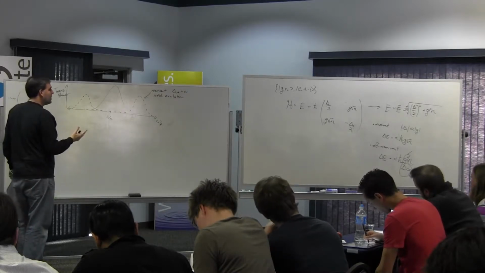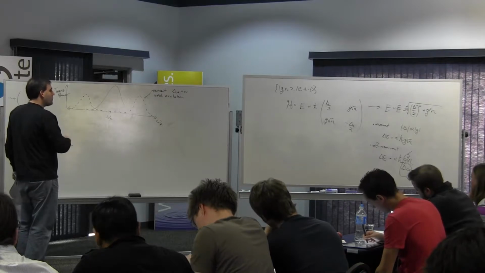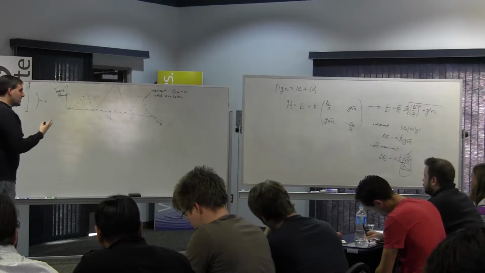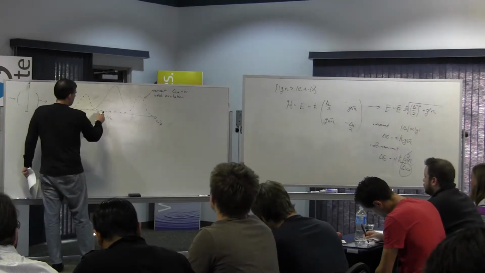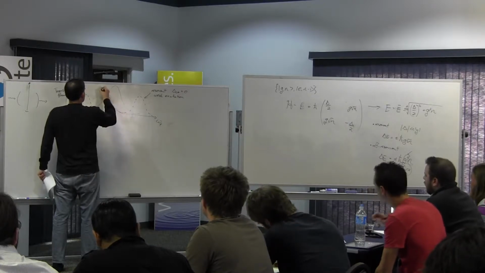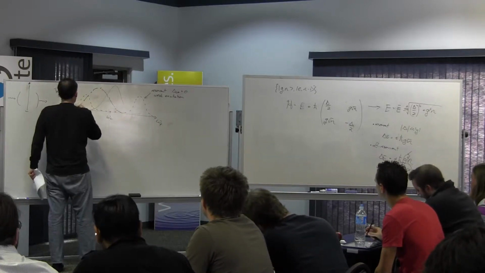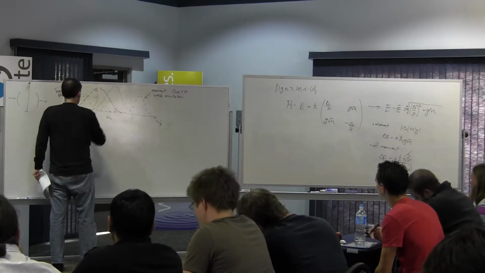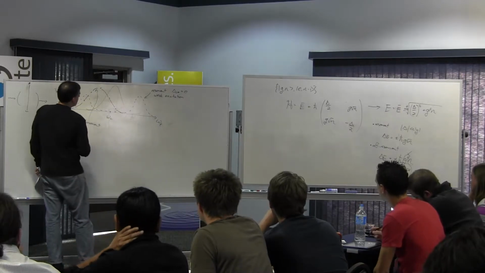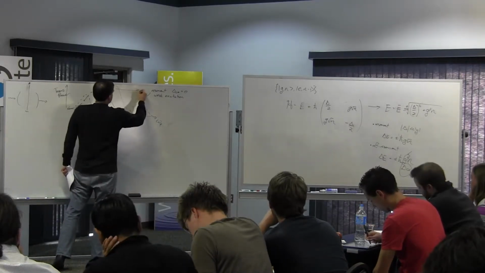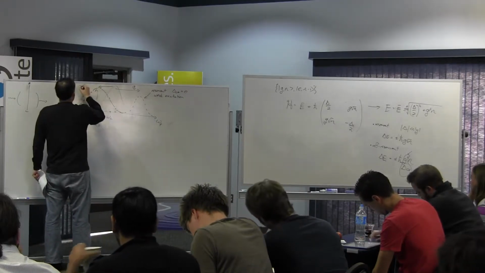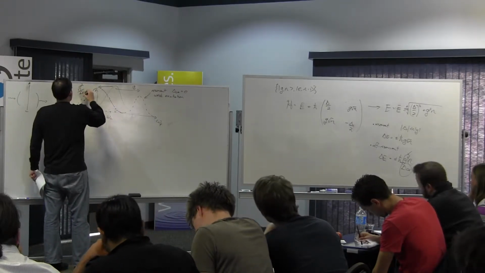Ultimately, if I probe the cavity where the cavity is off resonance from the atom, then there's only one cavity-like state. I don't get two. So maybe I'll get a new cavity line that looks like this. This shift is going to be G, and this shift is going to have the magnitude G squared over delta.